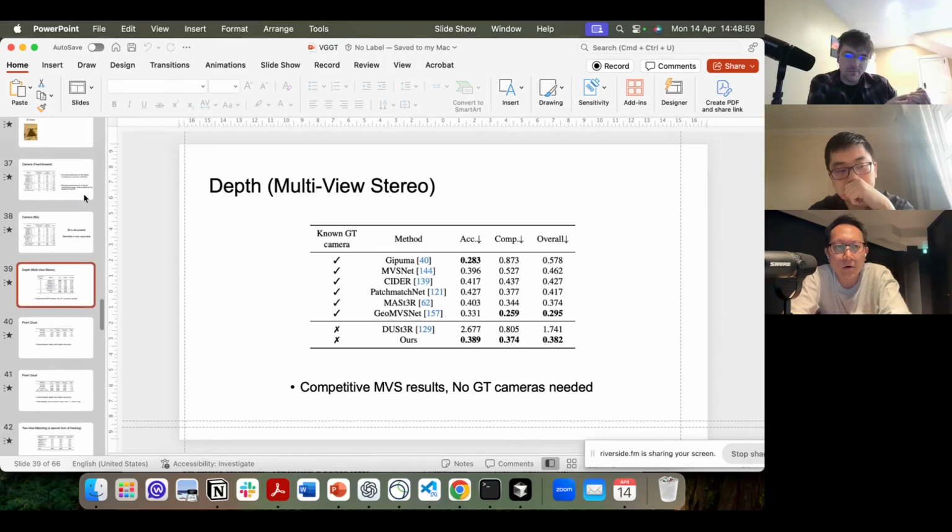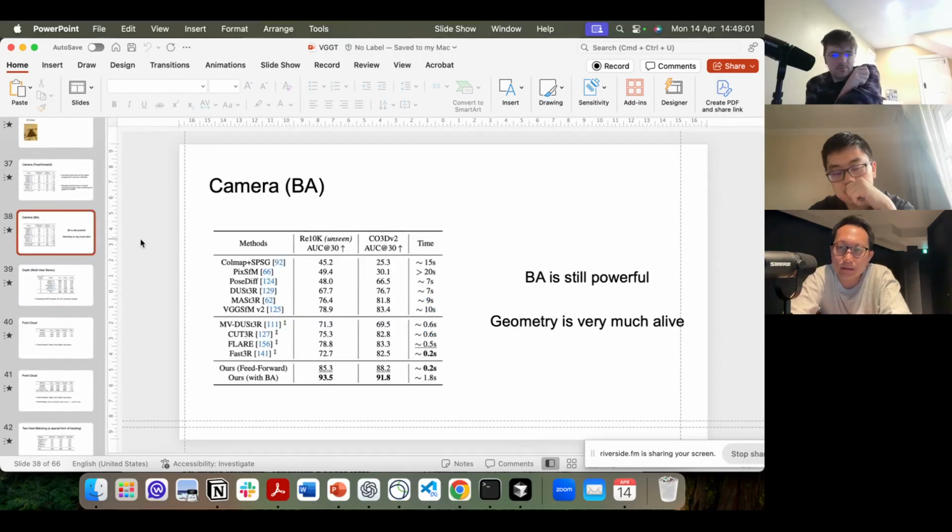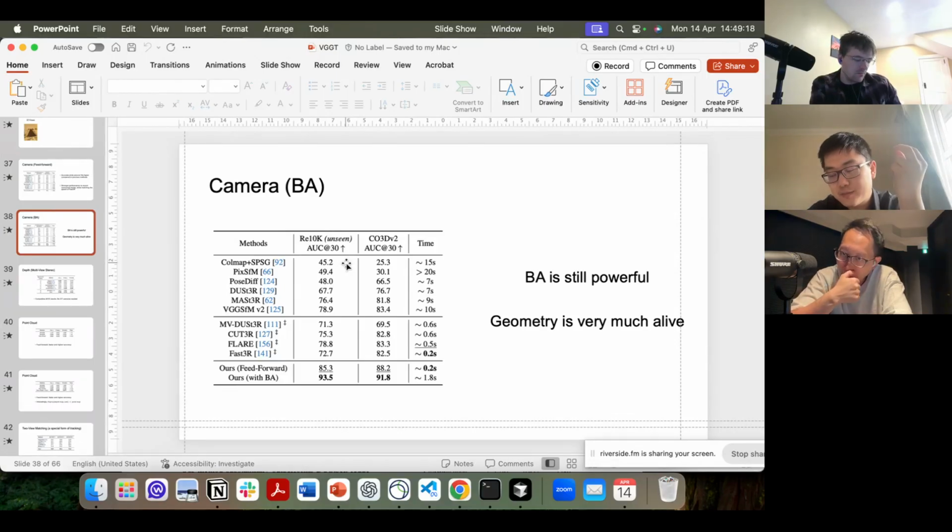Can I ask, for camera pose, what is the typical definition of accuracy? Okay. Basically, what we need to do here is called AUC, which is basically just area under the curve. For evaluation, we will have the predicted camera pose regarding rotation and translation, right?